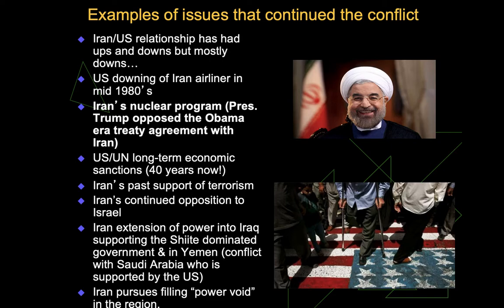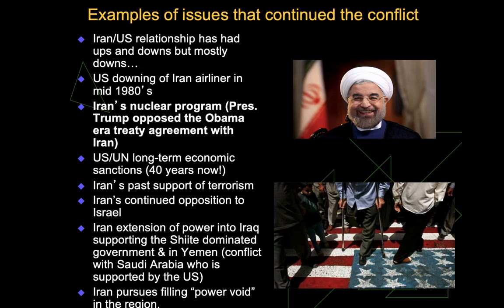And other events, which I've included on this bolded point list: in the mid-1980s, the United States military accidentally shot down an Iranian airliner as it flew over the Persian Gulf, under the belief that it was an aircraft that might be attacking U.S. warships. And that airliner was destroyed with all of the Iranian civilian passengers on board.